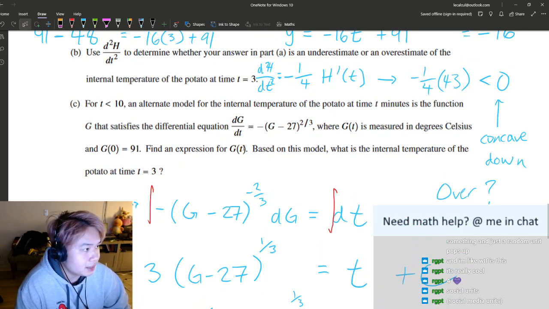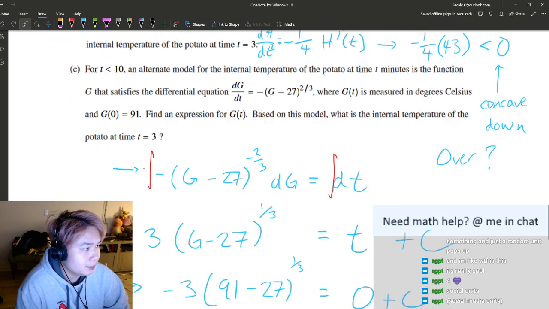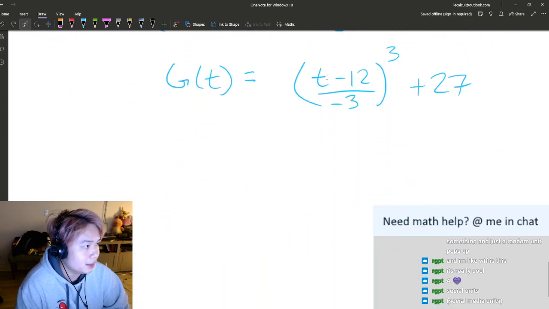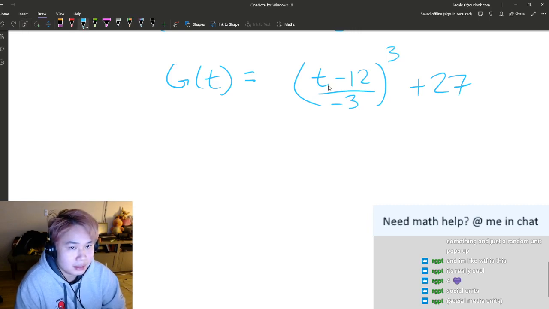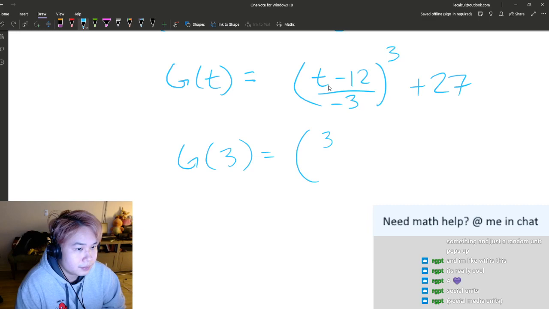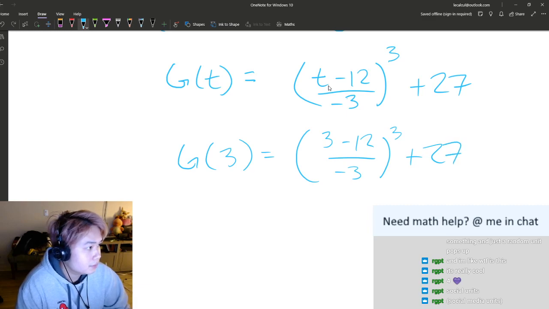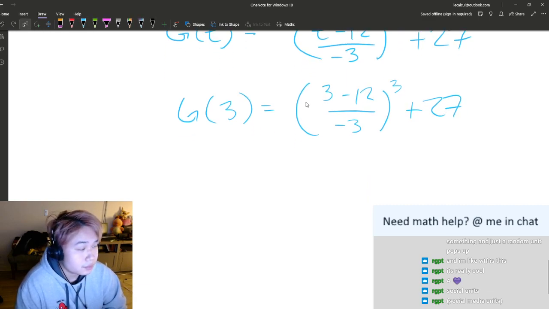Okay, and then based on this model, what is the internal temperature at time t? So now I just plug in 3, right? Okay.